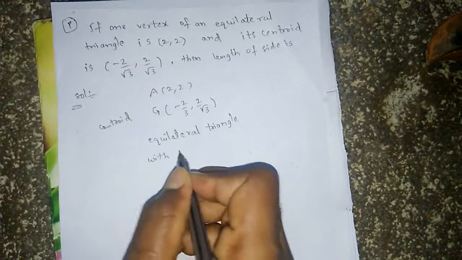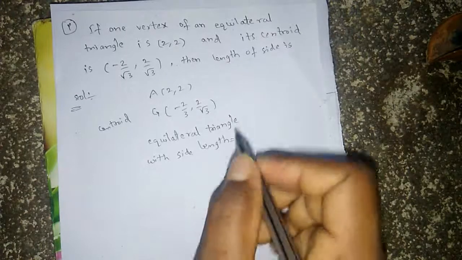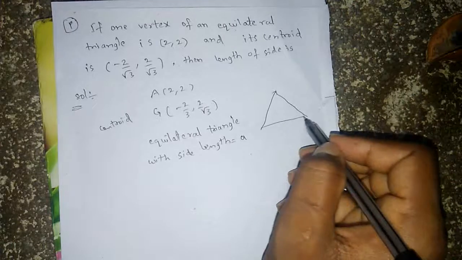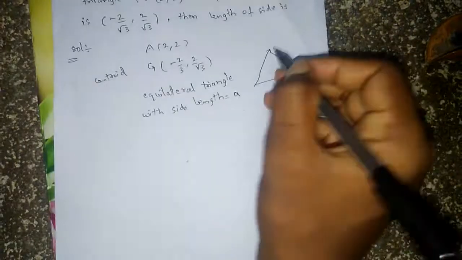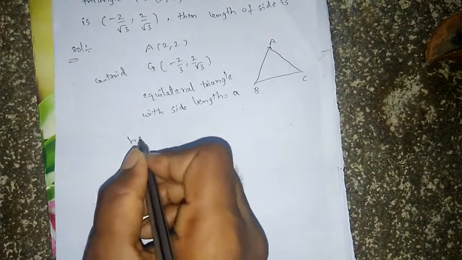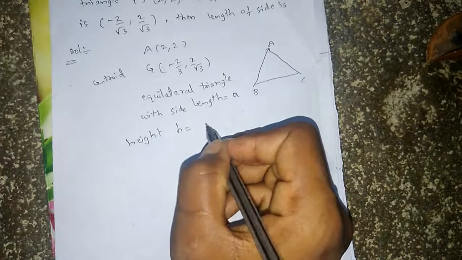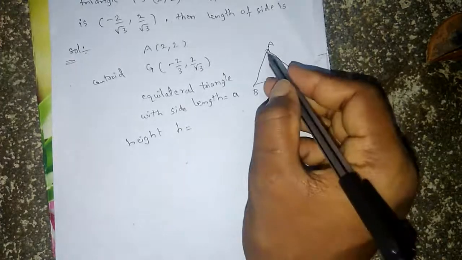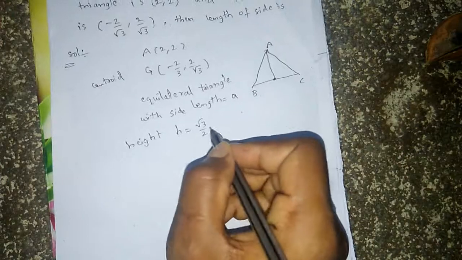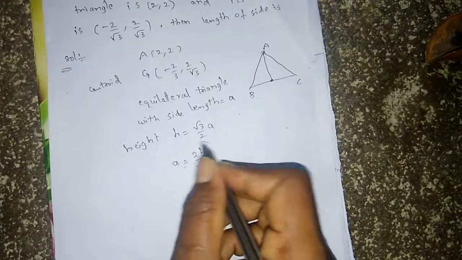Let the side length be a. So height h is equal to root 3 by 2 a, so a is equal to 2h by root 3.